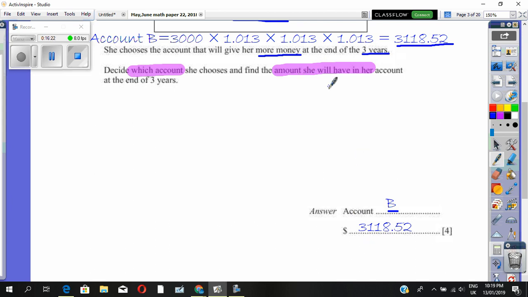This is the account she should choose for more money, the type of account is B, and the amount after 3 years is 3,118.52. Best of luck for question number 1.